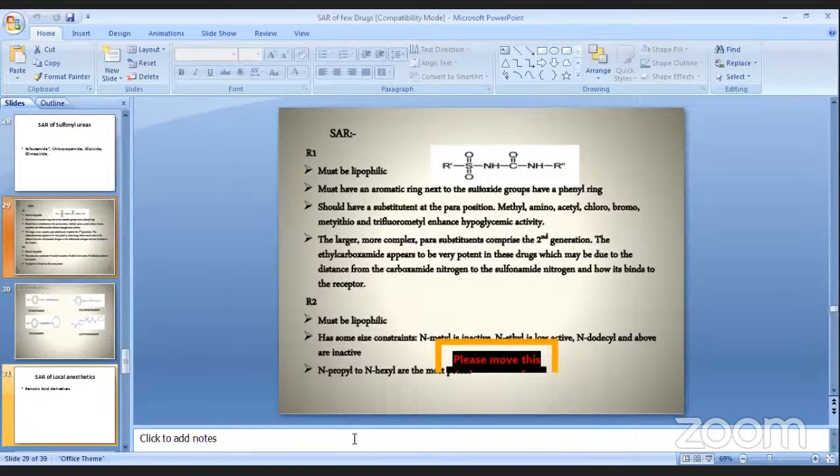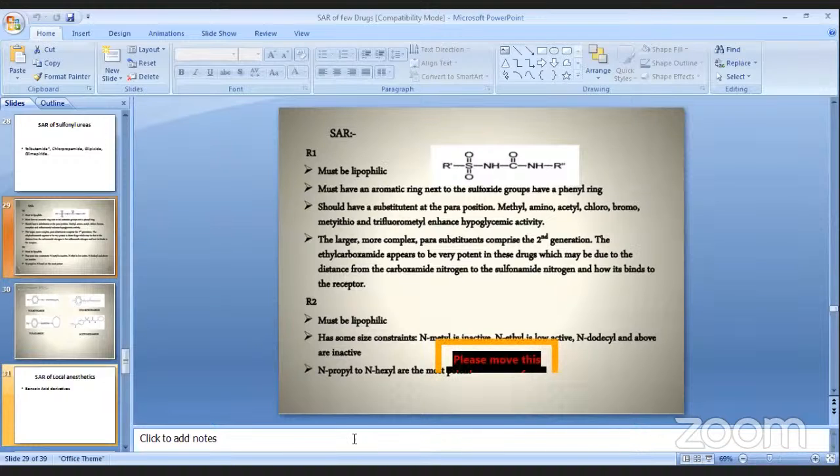Now, in the case of R2, that is the urea position of the sulfonylurea. If the N is substituted with a bulky group, and if you use N-methyl or N-ethyl, it has low activity.